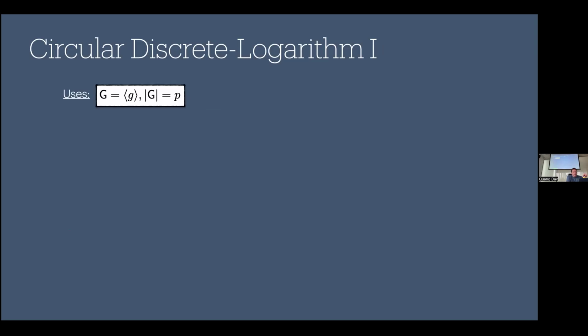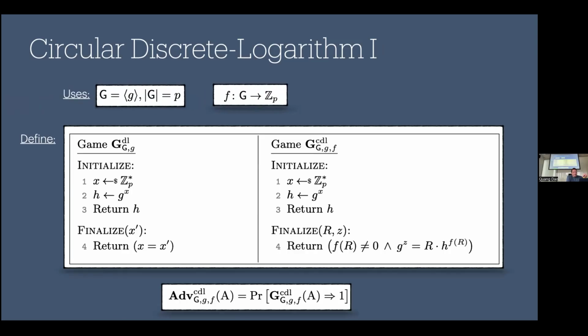There's a generic attack. If F, say 3 or something, has way too many preimages, then you can get a simple attack against CDL. So in generic models, it's necessary and sufficient to have F be well spread.